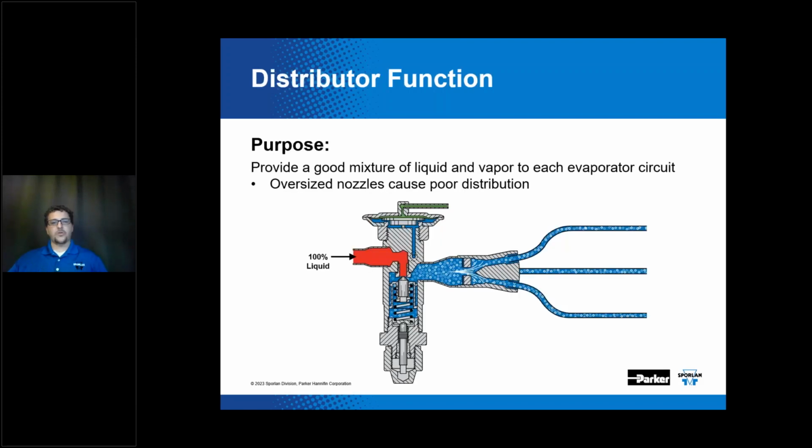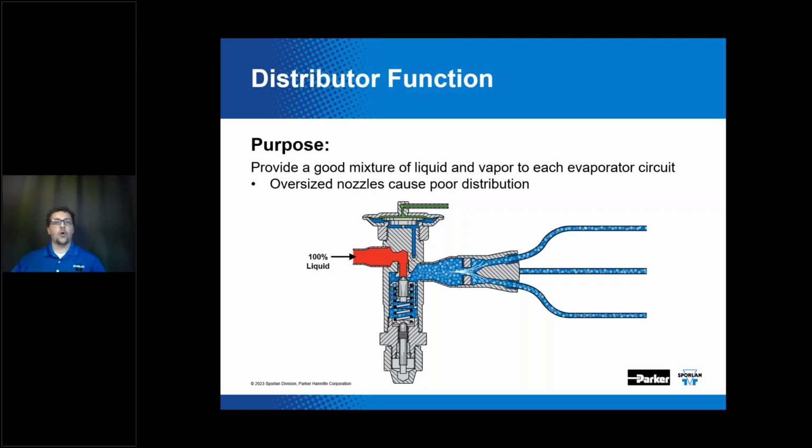All right, so now touching on the distributor, I really want to mention that it is critical for TEV operation that you have good distributor performance and a correctly sized distributor. So what is the purpose of the distributor? It's to provide a good mixture of liquid and vapor to each circuit of the evaporator. And so having an oversized distributor nozzle causes poor liquid distribution.